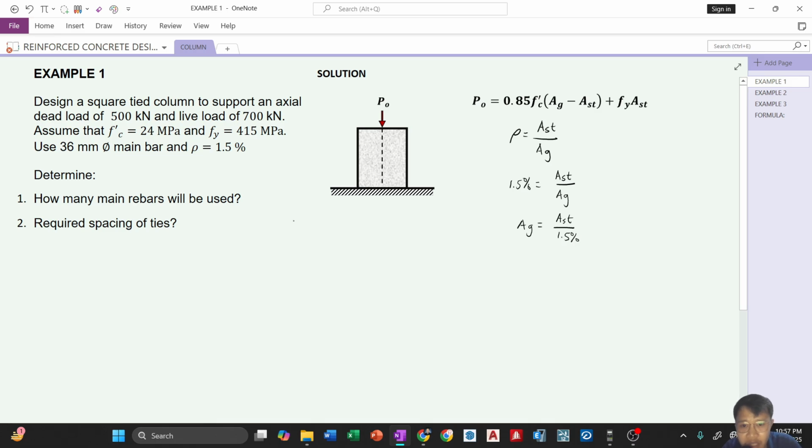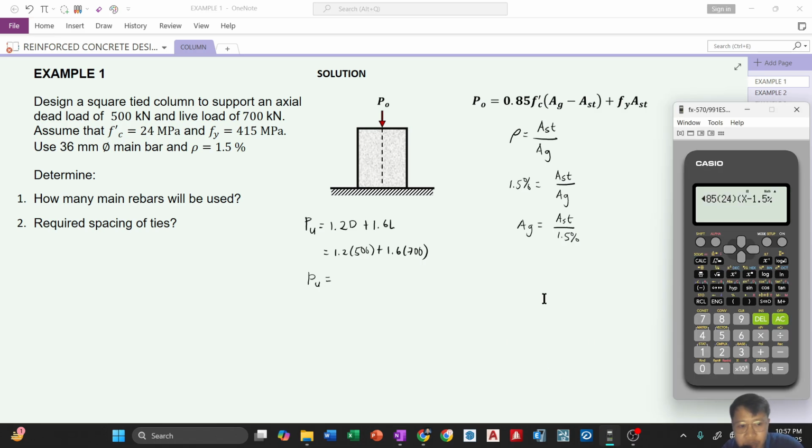So, we calculate first the ultimate load for this column. PU for NSCP 2015 is 1.2 dead load plus 1.6 live load. This will be our combination. Okay, PU now is equal to 1.2 times 500 plus 1.6 times 700. Okay, now we can solve for the value of PU.